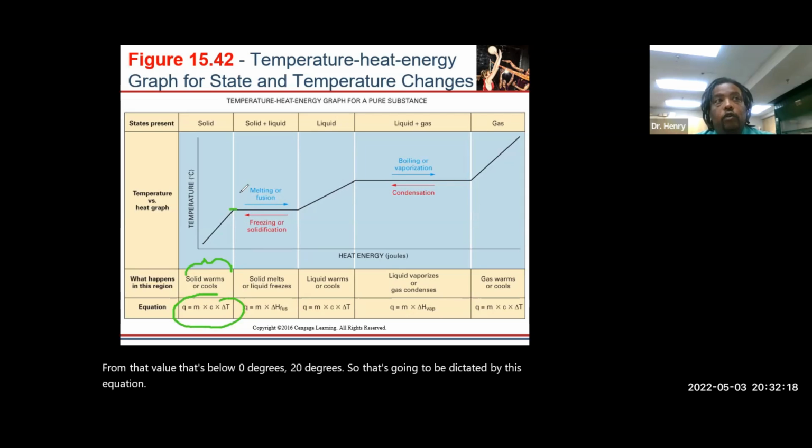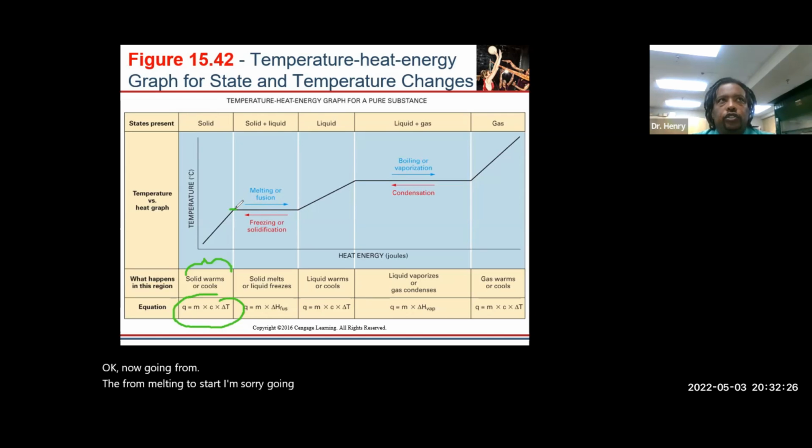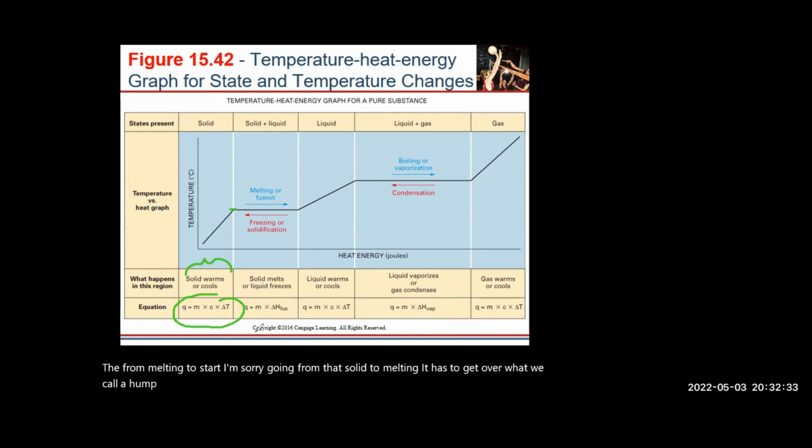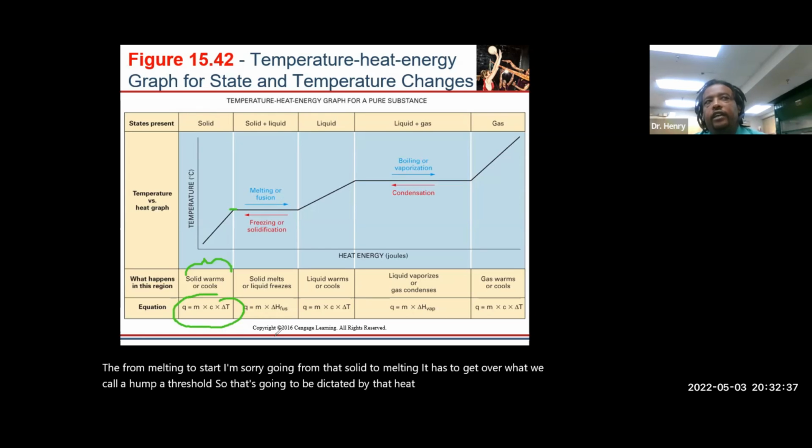Now going from solid to melting, it has to get over what we call a hump, a threshold. That's going to be dictated by the heat of fusion, right? So we need enough energy to get over that threshold, and then we're able to start melting. If we don't have enough energy to get over that threshold, then we're going to stay at that melting point.